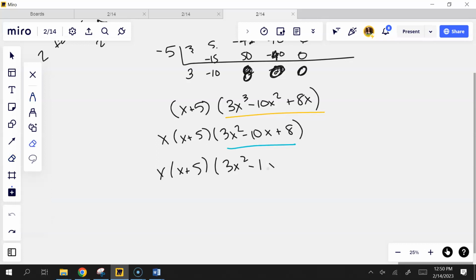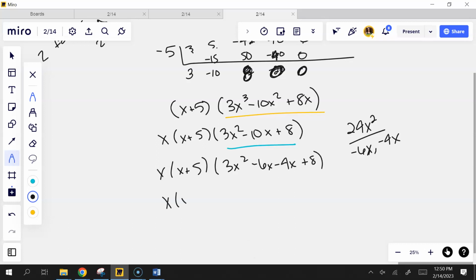I did that on purpose. See how I self-checked that whenever I got there. What multiplies to 24x squared but adds to negative 10? There you go. Negative 6x, negative 4x. So I got x plus 5. Take out a 3x and take out a negative 4.